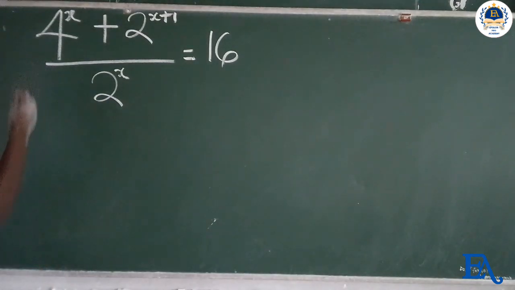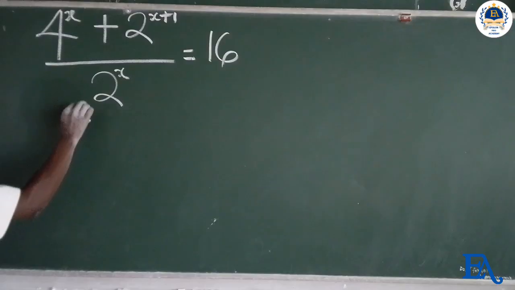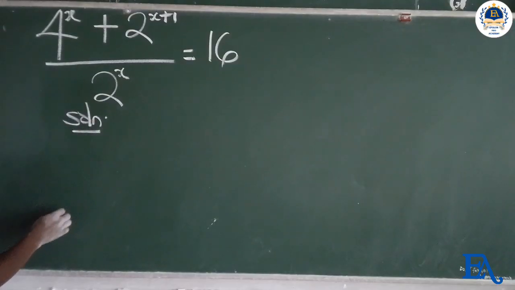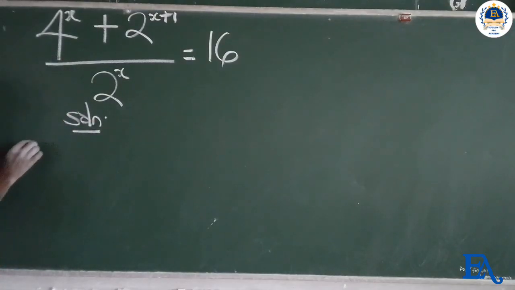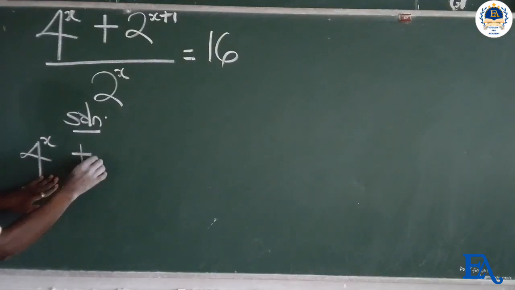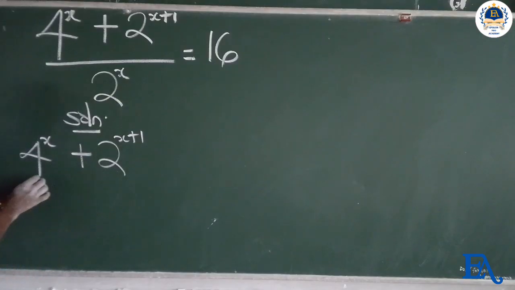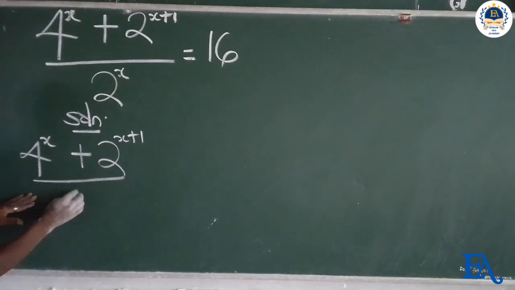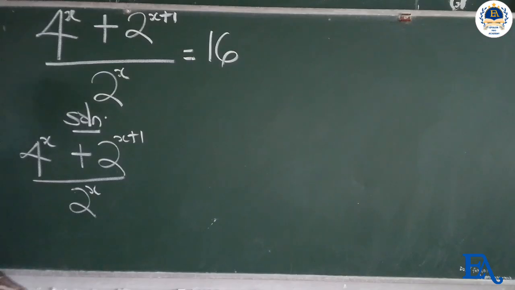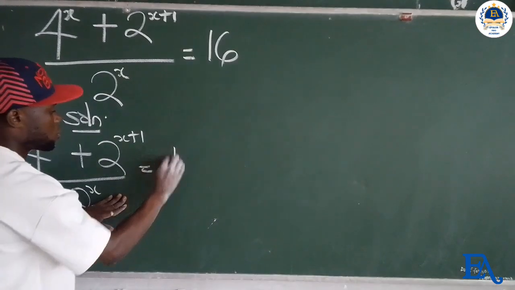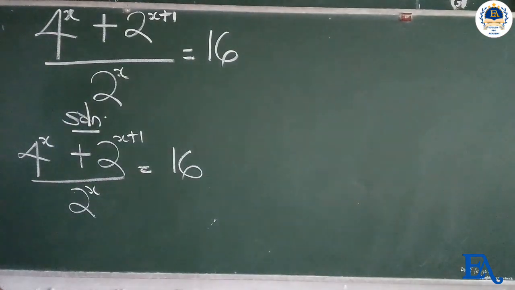Now, if we have solution first, since we have 4 raised to the power of x plus 2 raised to the power of x plus 1, all divided by 2 raised to the power of x equal to 16.